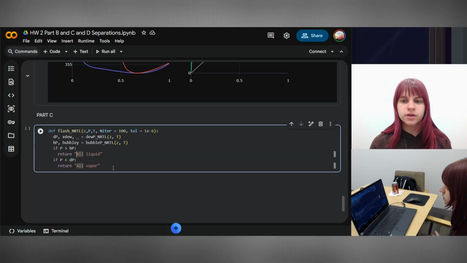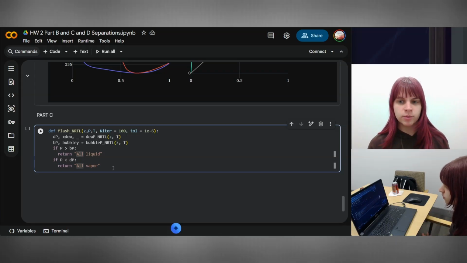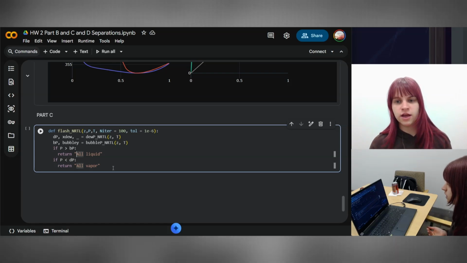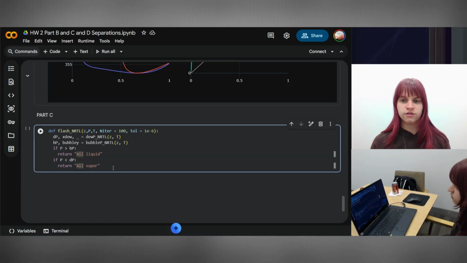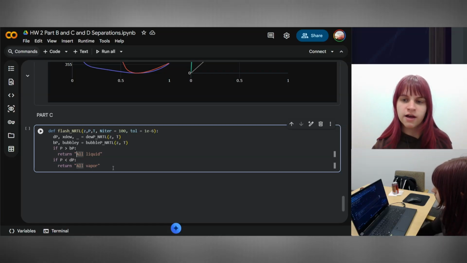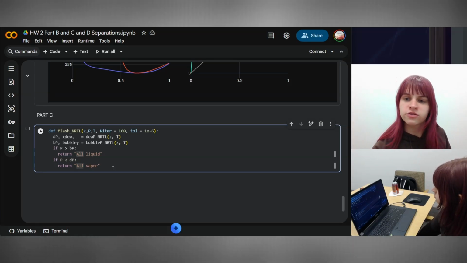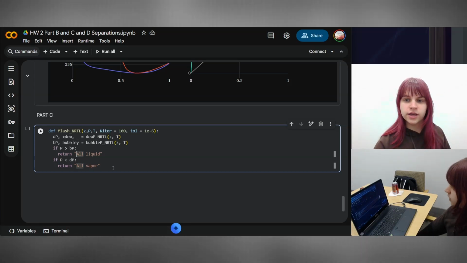As I mentioned in the previous video, when the system is at the bubble point, all of the system is in a liquid form, and so phi being the V over the F, we would have 0 as phi, and conversely at the dew point we would have almost all vapor, and so our phi would be equal to 1.